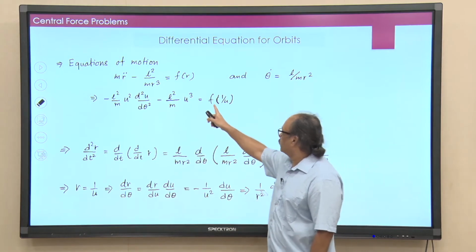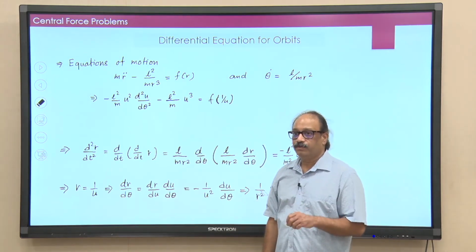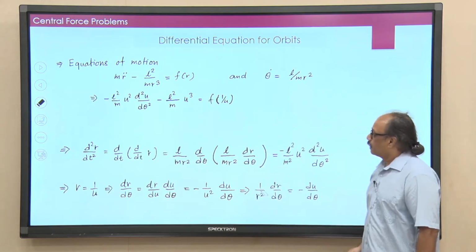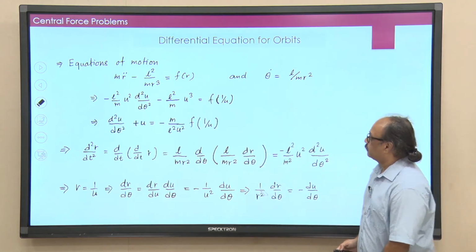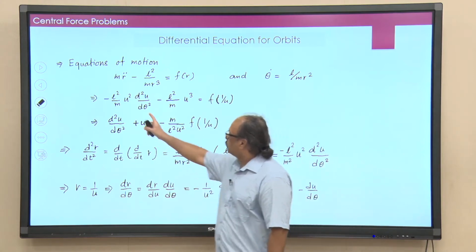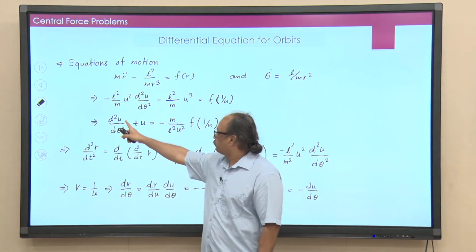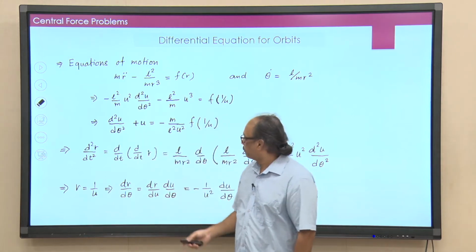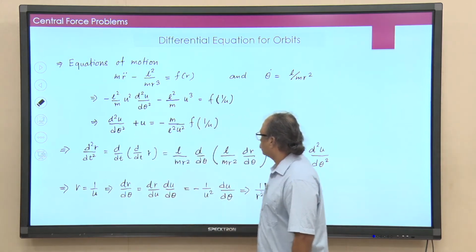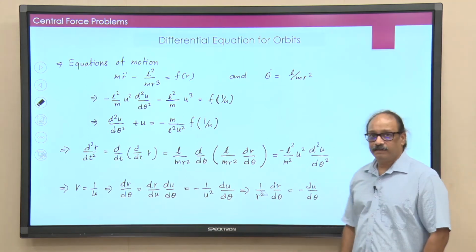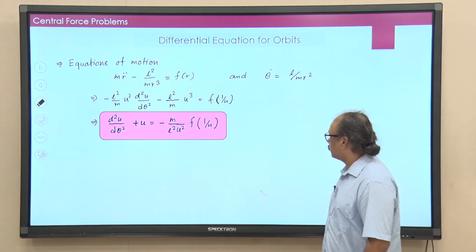On the right hand side I will write this as a function of u instead of a function of r, and you can finally write this by dividing by all the factors here. This would be equal to the second derivative of u with respect to theta plus u is equal to minus m by L square u square into f, and this is our key equation there.